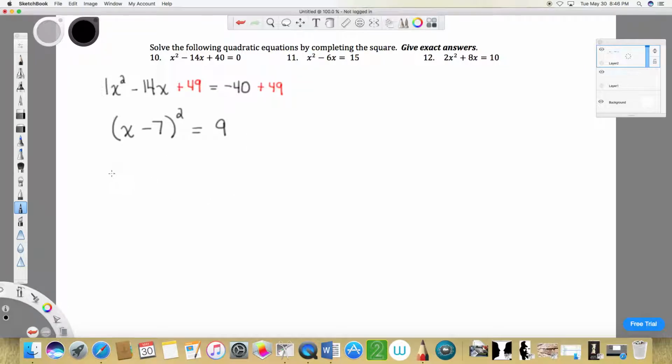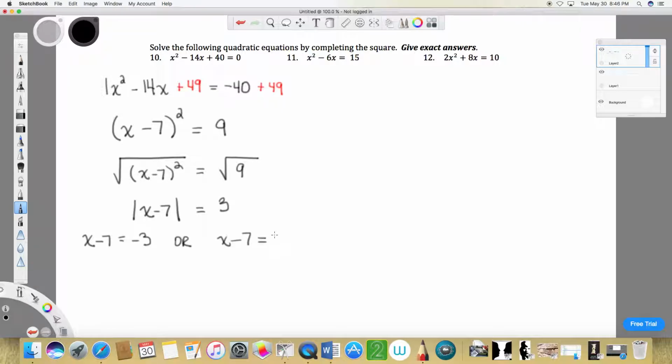So now I can take the square root of both sides, the principal square root, and that's the absolute value of x minus 7, and that's equal to 3. Well, this splits into two equations, that this is equal to negative 3, or that this is equal to positive 3.